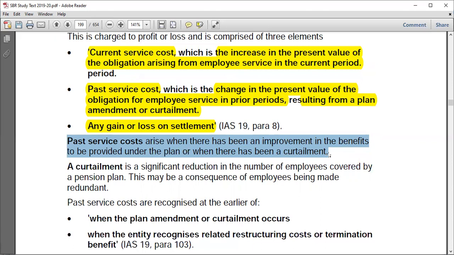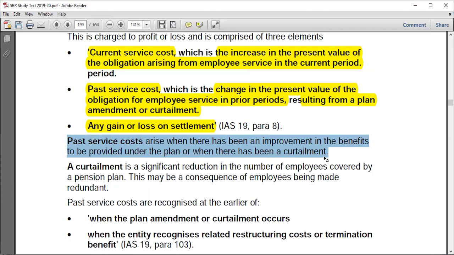But also when there has been a curtailment. Let's say I had 50 employees, but now in my plan, I only need to remain with 40 employees, so 10 of them are moving out. If you curtail something, it will really depend.